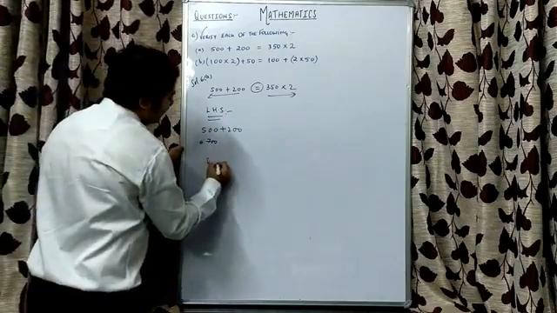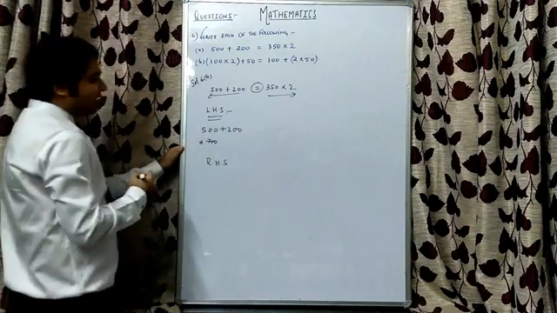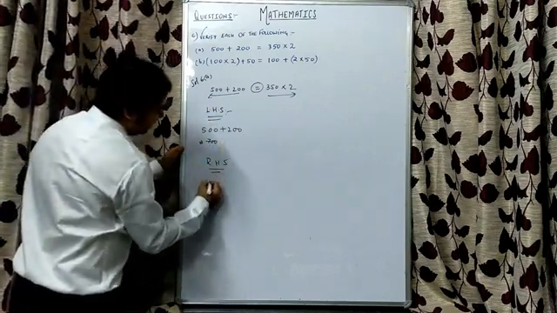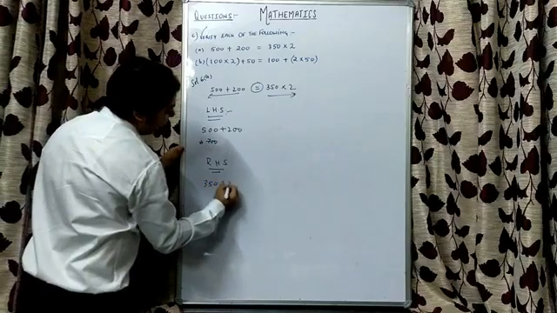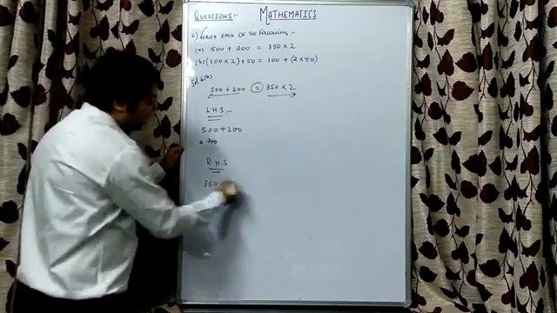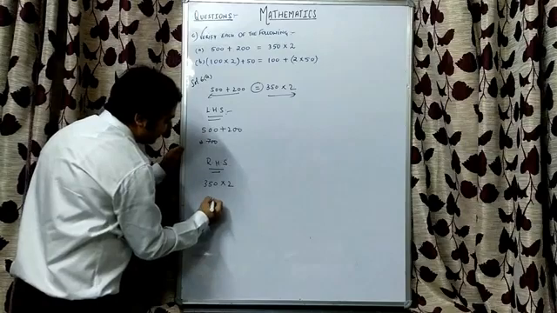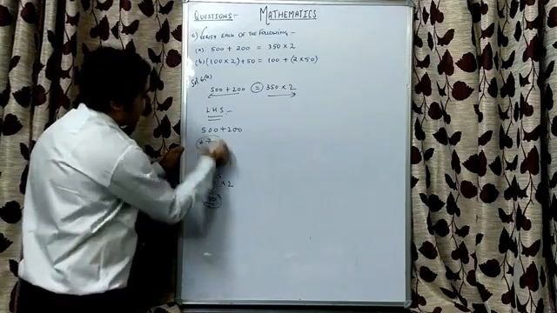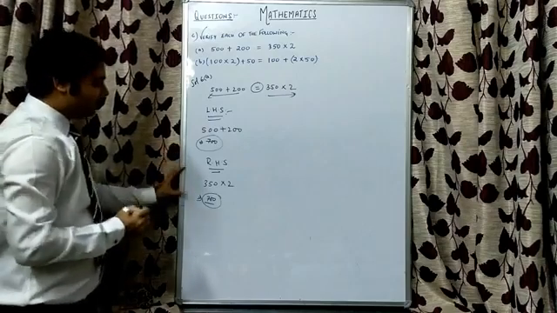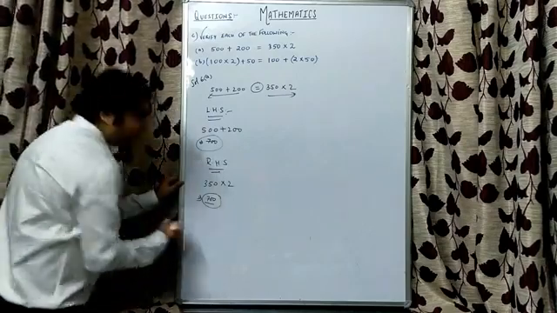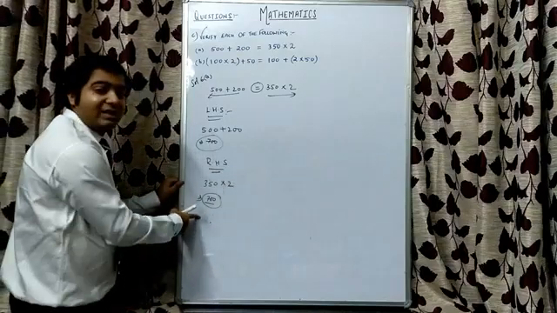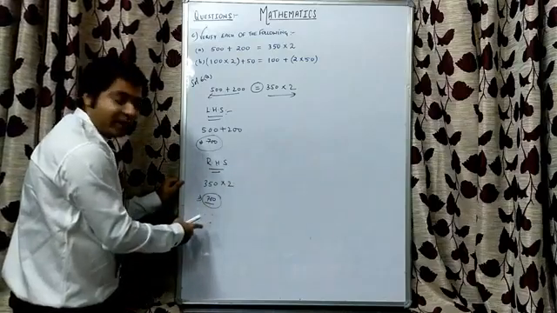Now I will write RHS, right? On RHS side, it's given 350 into 2, so I will write it as it is. 350 into 2 will give me 700, right? So what I can make out from the LHS and RHS final answers is that both the values are same. So I will write since. This is a symbol for since, opposite of therefore, right?